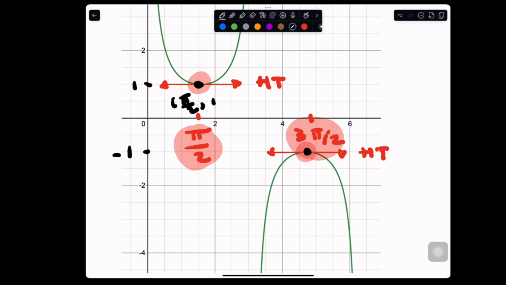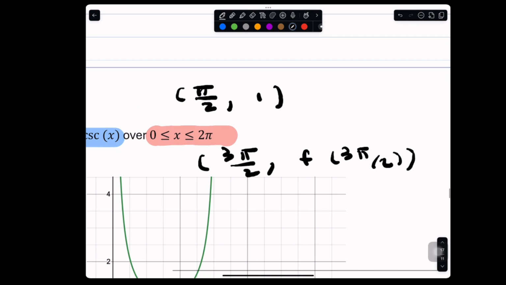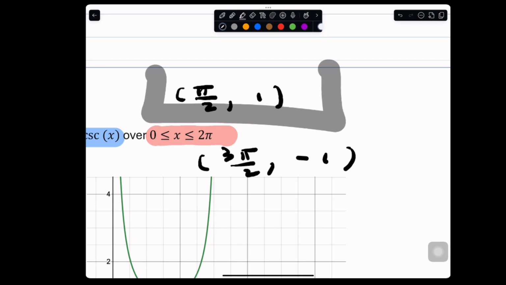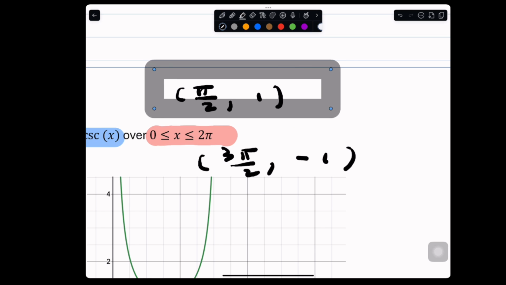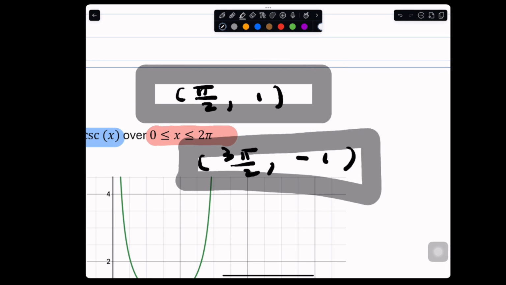Pi over 2 comma 1. 3 pi over 2 comma -1. That's the location, so we can put that up here as well. It's a nice simple function, but looking at simple functions, we could learn a lot as well. These are locations of horizontal tangents. All right, you guys okay with that?